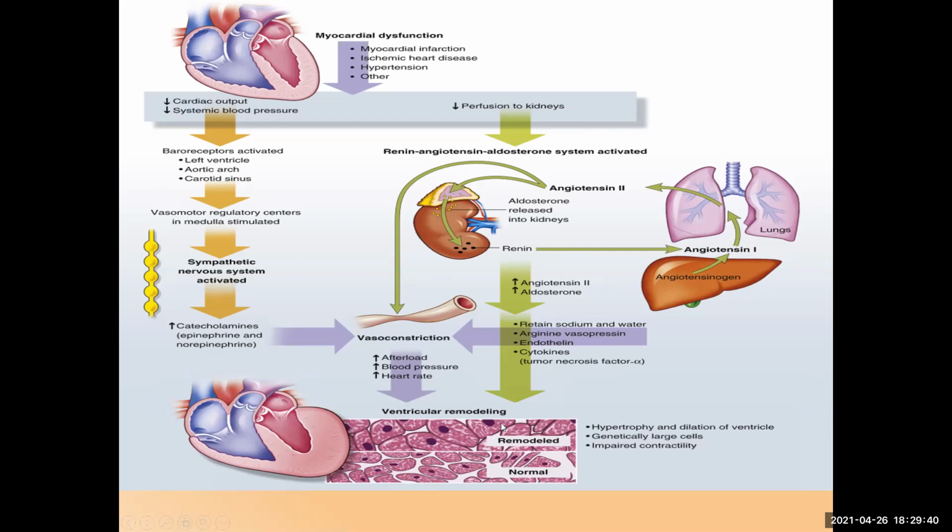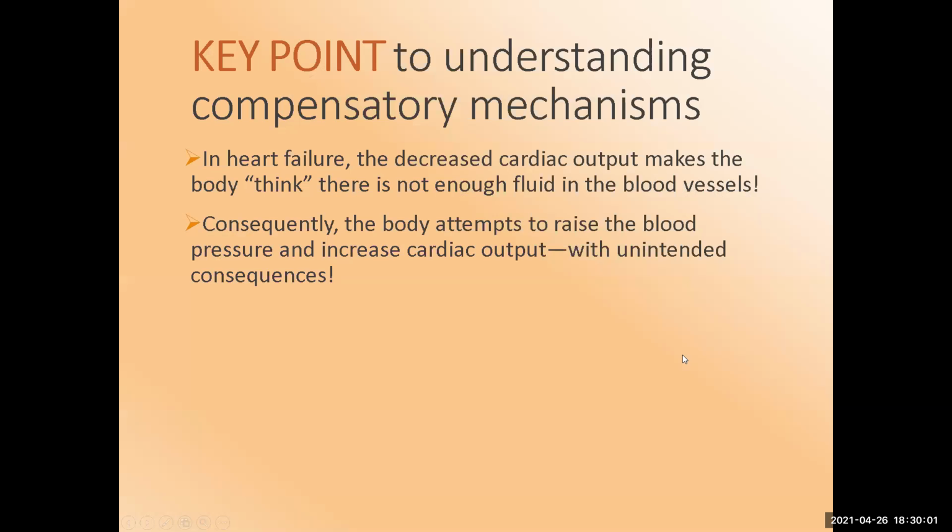Eventually, though, you're going to get ventricular remodeling, and this actually causes different cells in the heart wall, which causes it to be stiffer, which just continues the process, making things worse.